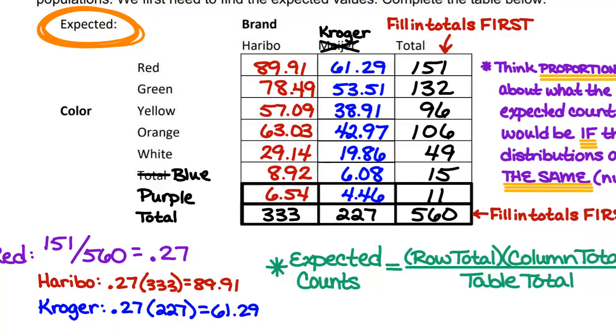Randomness and the 10% condition don't really change for any of our tests. Large counts, or the shape of the distribution, did change on this. We don't want it to be approximately normal. We want it to be approximately chi-squared, yes.